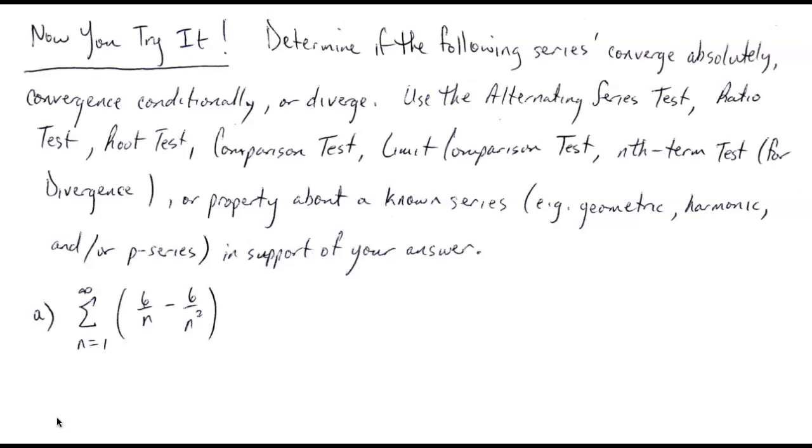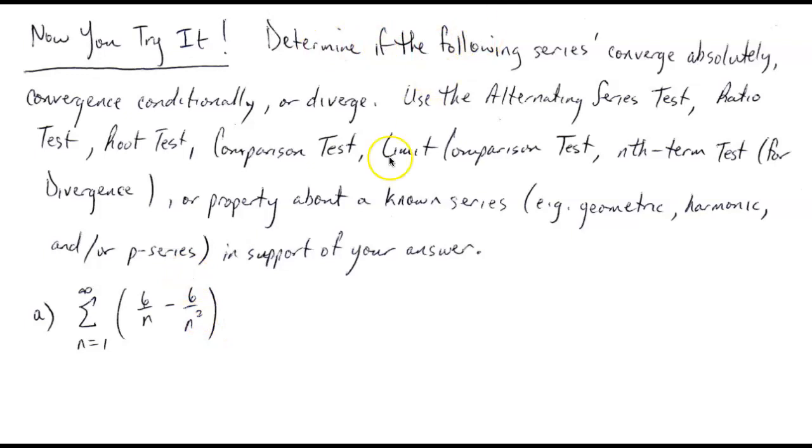whether the given series that we're dealing with actually converges or not. So in this first example, we have the series of 6 divided by n minus 6 divided by n cubed. I'm sorry, this is n squared.